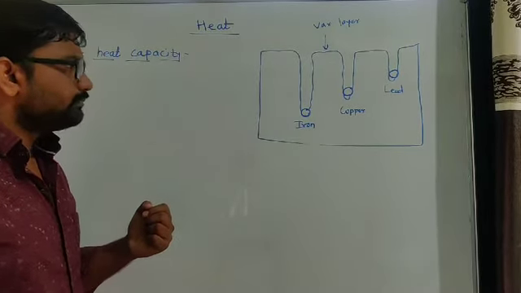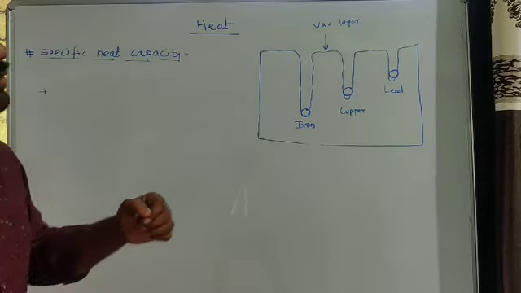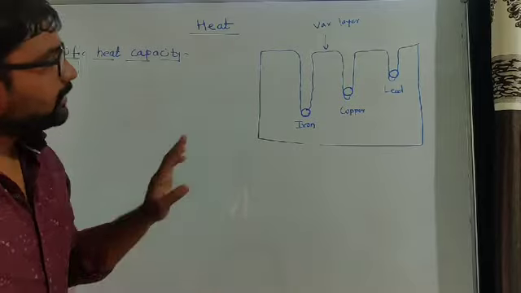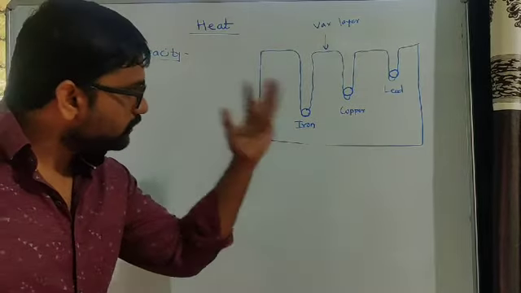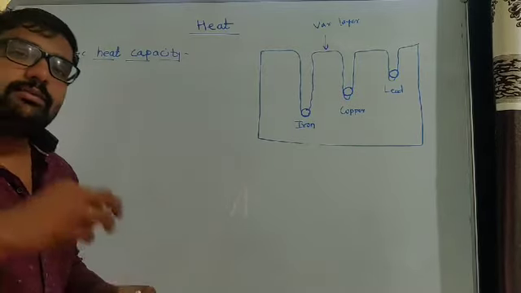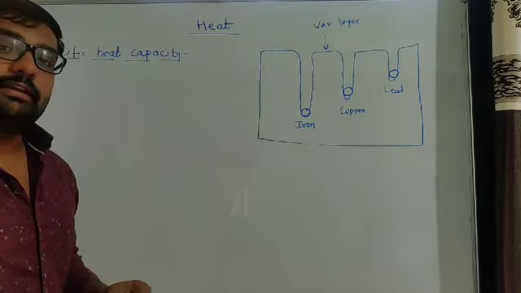So we know a very basic thing. Now if I ask which ball will go deepest compared to the other two, we will say the ball that absorbs more heat will go deeper and deeper.